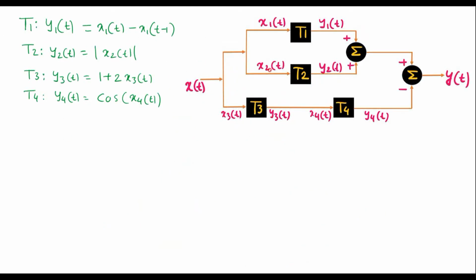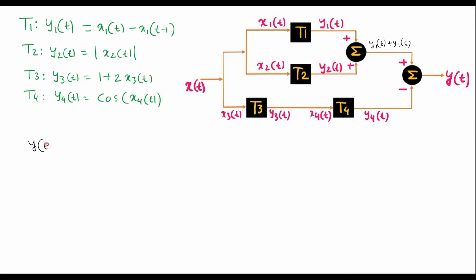So this is the given system represented in block diagram and its equations are represented here. Here we can observe that output at this point is y1 of t plus y2 of t, and finally we have y of t which is equal to y1 of t plus y2 of t minus y4 of t. So first we'll write the output y of t.